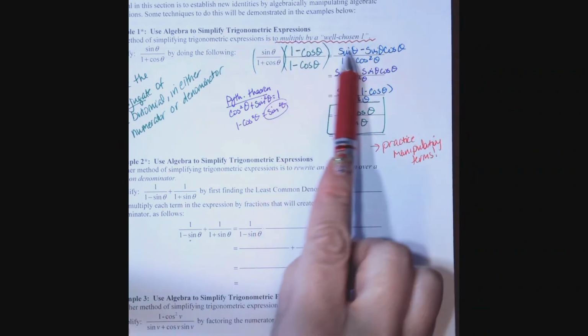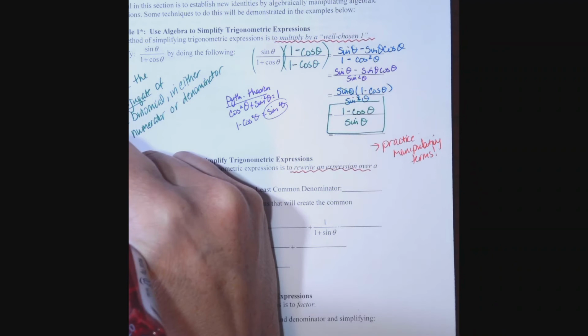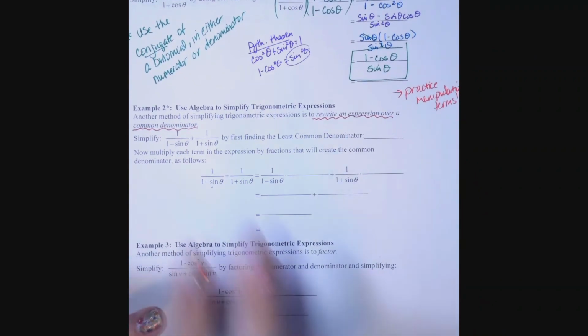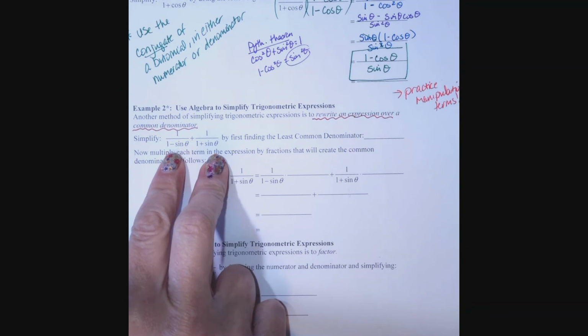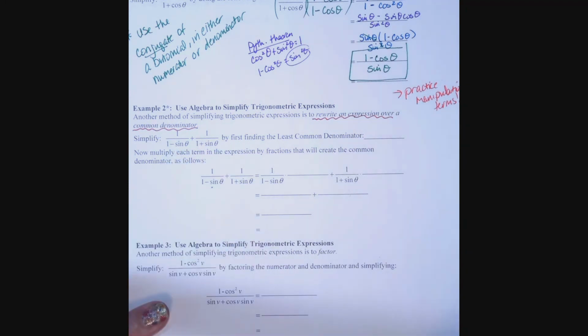Another tool that you can add to your toolbox, in addition to multiplying by a well-chosen one, is to rewrite an expression over a common denominator. You're used to doing this in algebra. I've got 1 over 1 minus sine theta, and I want to add to that 1 over 1 plus sine theta. I can only combine these two terms using addition if I have a common denominator. Well, what's my common denominator here?